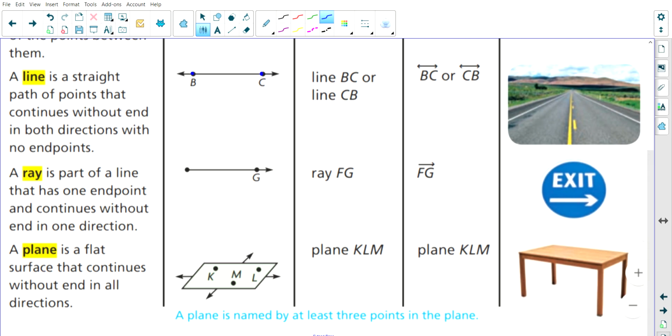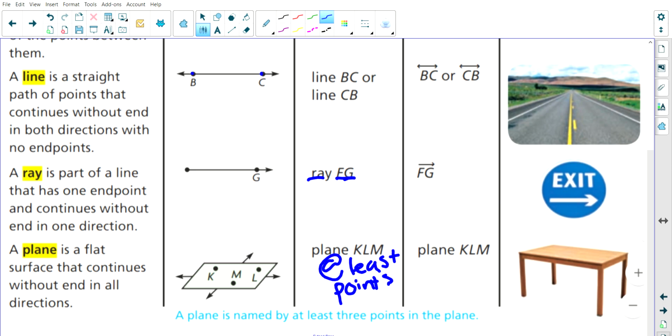Ray, same thing, we say ray and we label it by the points on the ray. And then planes, it has to have at least three points so that we're able to label it. So this would be plane KML or LMK. As long as you have 3 points, you can label it and you just say the word plane before it.